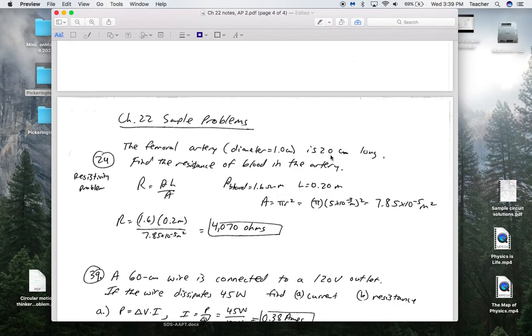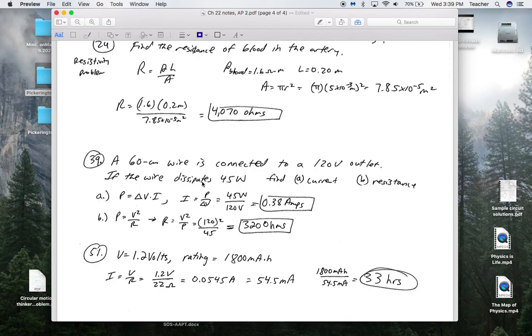The length, well, we've got to change that to meters. To find the area, if that's 1 centimeter in diameter, that's 0.5 centimeters in radius. That's 0.005 meters in radius. And the area of something that's circular is pi r squared. So that's the area. And we get that therefore the resistance of that femoral artery is 4,070 ohms.